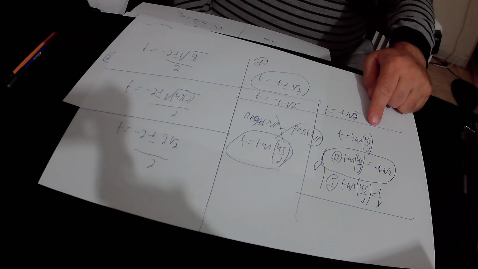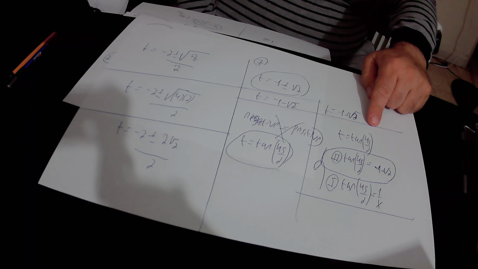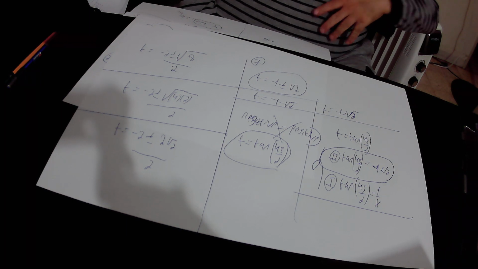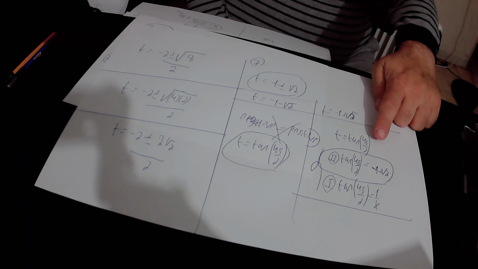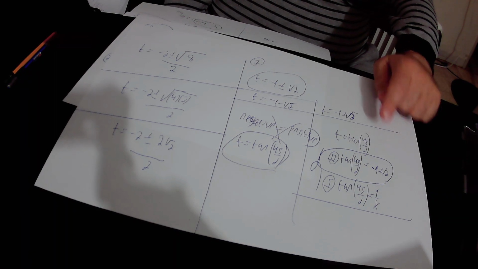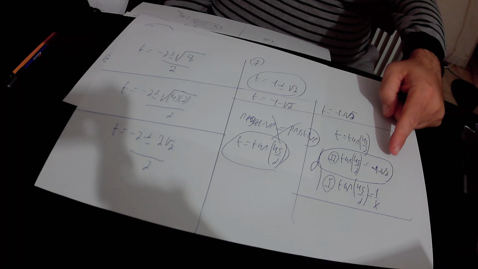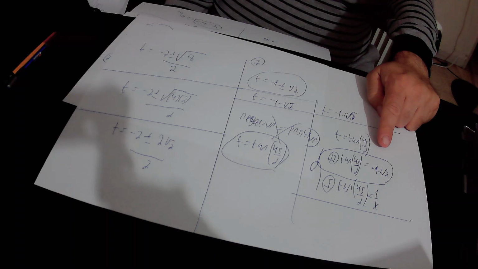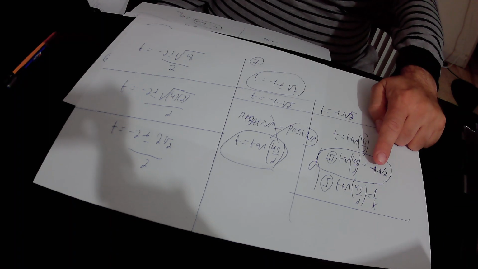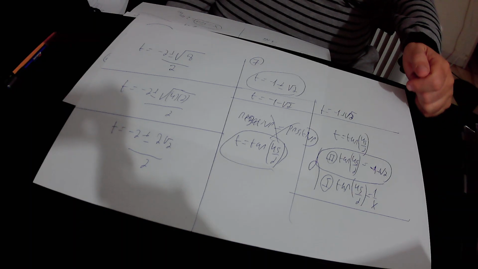Again, according to our definition, t also equals tan 45 over 2 degrees. So we can write down here that t, that is tan 45 over 2 degrees, equals t, that is minus 1 plus square root of 2. This is according to equation number 2, while according to equation number 1, we have already found out that tan 45 over 2 degrees equals 1 over x.